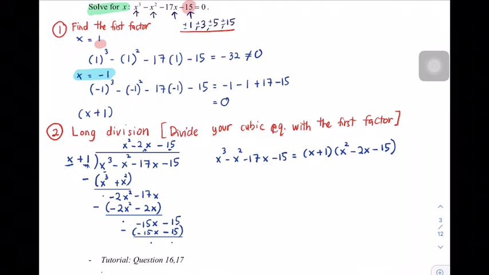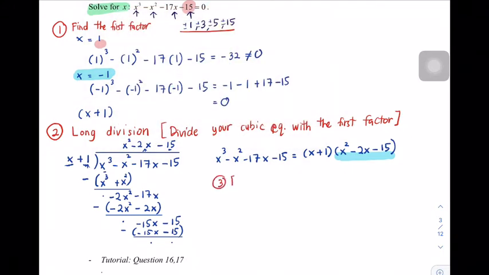Okay, so what do we do from here? We need to completely factorize the cubic equation. So we have the first factor, and when we do the long division, we got the quotient as a quadratic equation. So what do we do with a quadratic equation? How do we solve a quadratic equation?